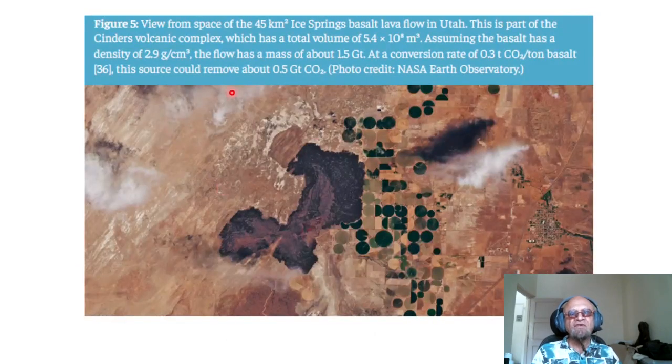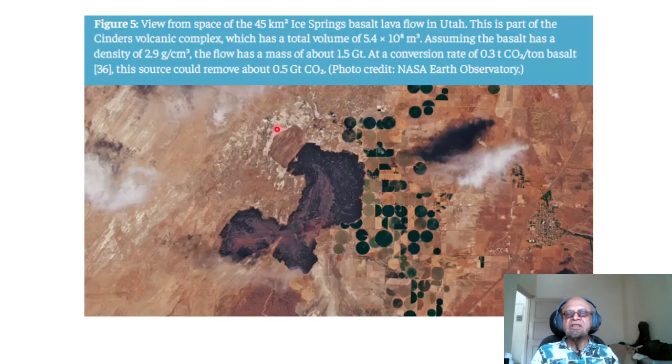And a view from space of a 45 square kilometer Ice Springs basalt lava flow in Utah, which is part of the Cinders volcanic complex, has a total volume of 5.4 times 10 to the 8 meters cubed, and big.